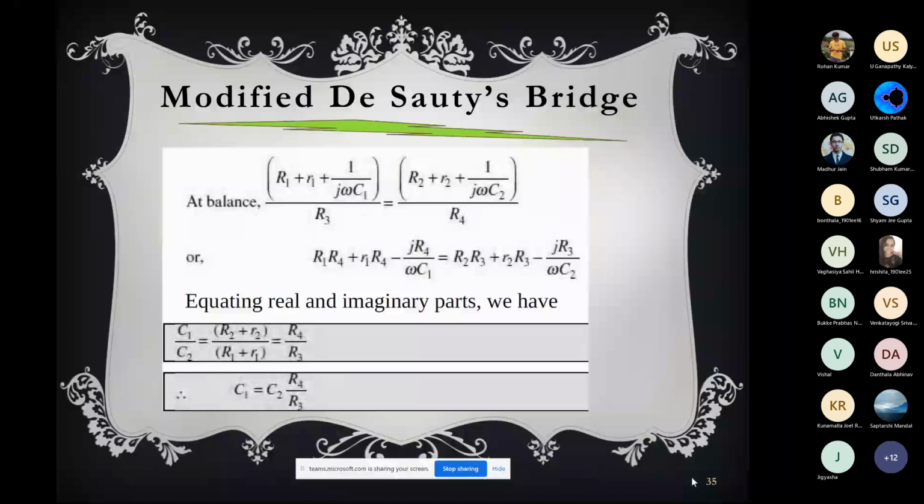If you multiply it, you will get a single equation, and then you need to equate the real and imaginary parts. What will you get? You will get that C1 equals C2 into R4 by R3. That equation is the same.